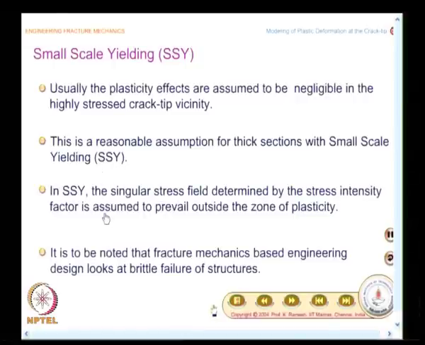For the time being, you can consider in small scale yielding the singular stress field determined by the stress intensity factor is assumed to prevail outside the zone of plasticity. This is a reasonably good assumption. You are making an assumption to make our life simple. As long as this assumption is valid, certain improvements in our stress intensity factor calculation can accommodate this class of material. That is the way you have to look at it.